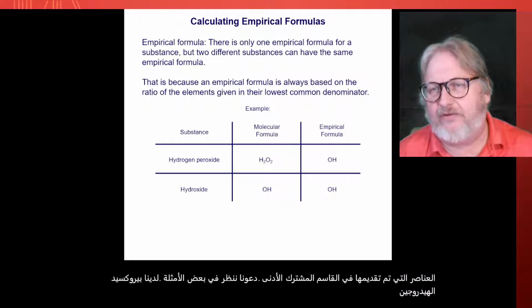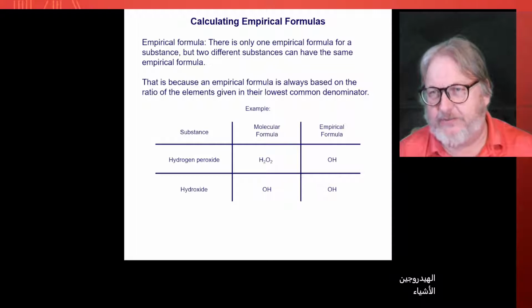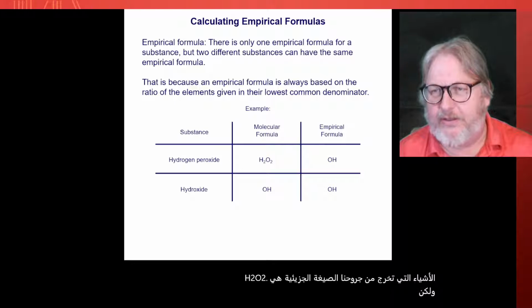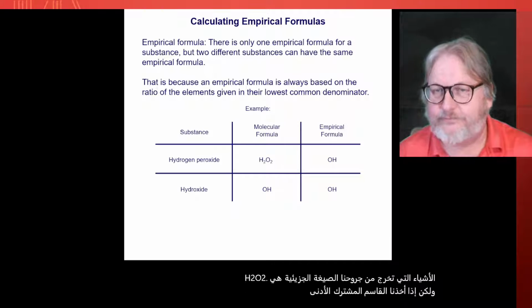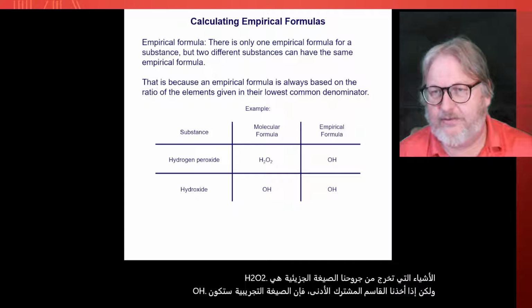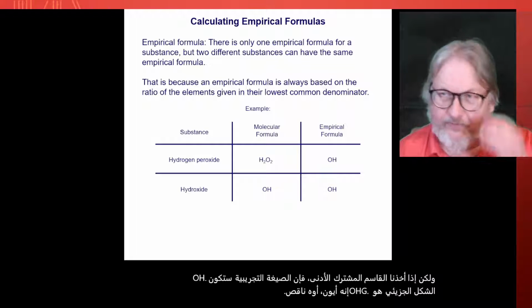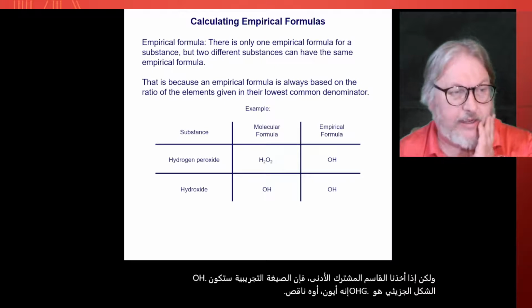The molecular formula is H2O2. But if we took the lowest common denominator, the empirical formula would be OH. Hydroxide: the molecular formula is OH, it's an ion, OH minus. The empirical formula for hydroxide, of course, is OH.